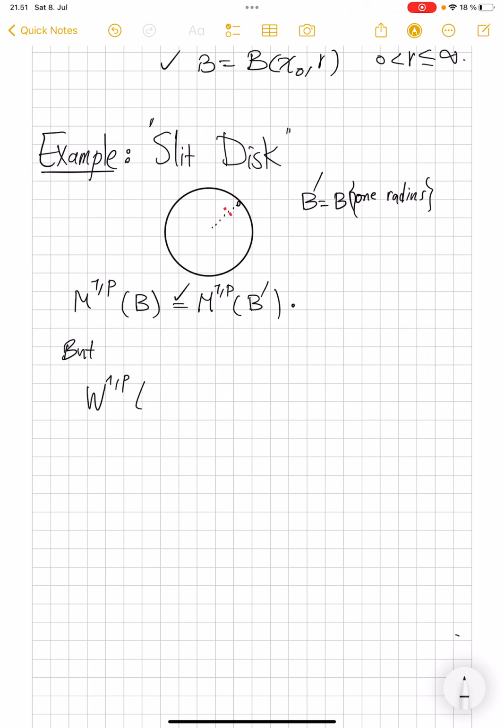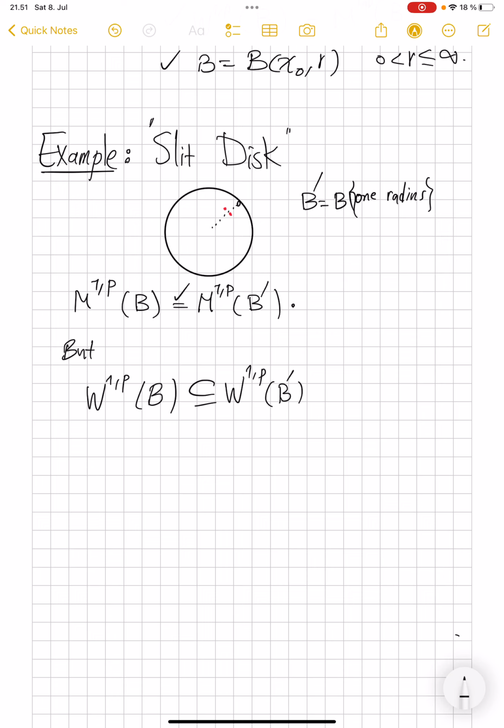But W1P of B is not equal to W1P of B prime. There are many more functions in this one.